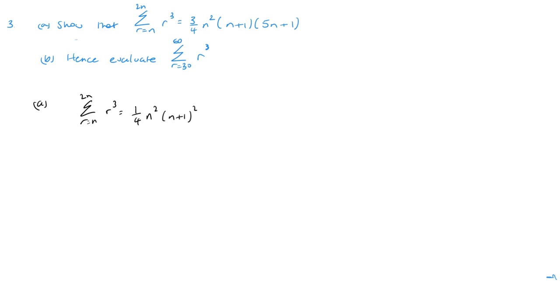Okay, so that's what we're looking at, but before I get onto that, I need to get it between 1 and n or 2n. So this is going to be r cubed between 1 and 2n minus r cubed between 1 and n. Sorry, between 1 and n minus 1, isn't it?